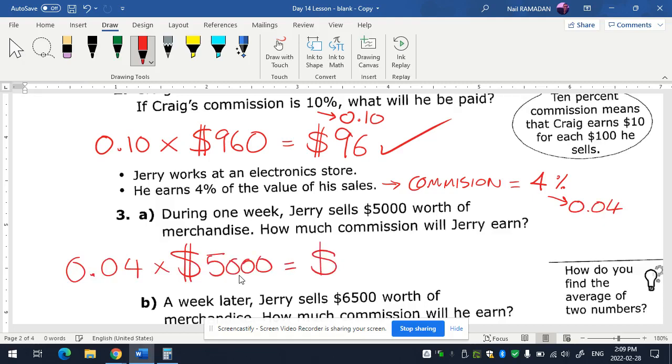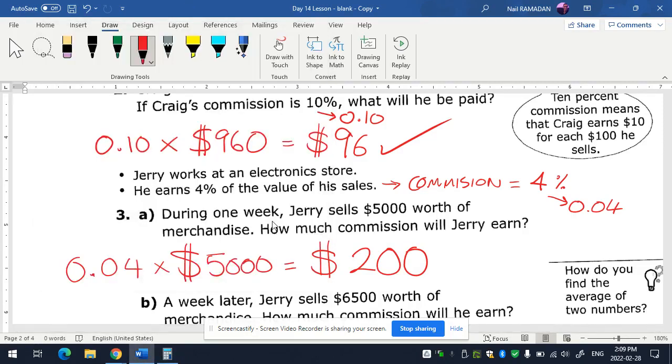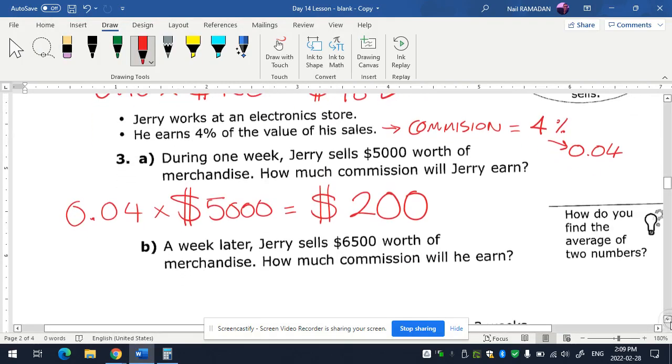That would be $200. Let me check. 0.04 times 5,000. Yep. 4% of $5,000 is an exact amount of $200. So that's how much he is guaranteed as his commission.